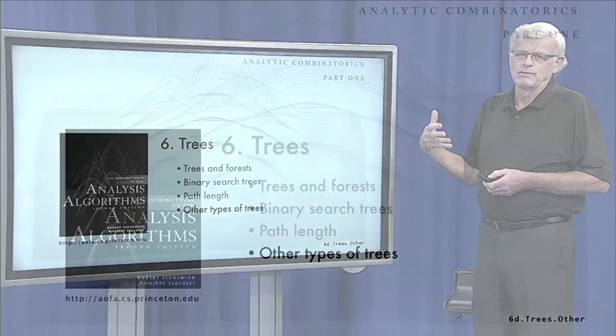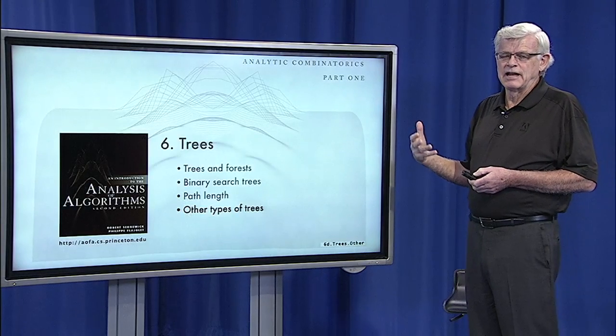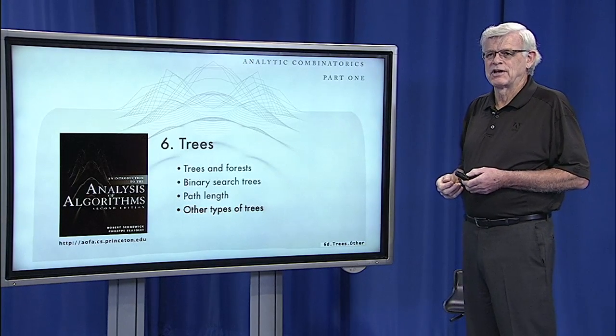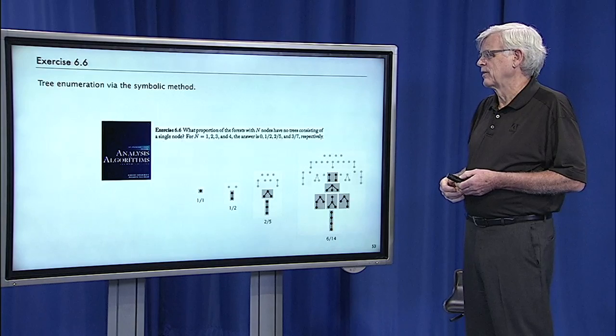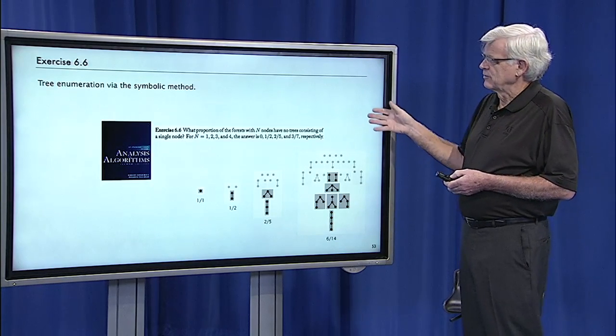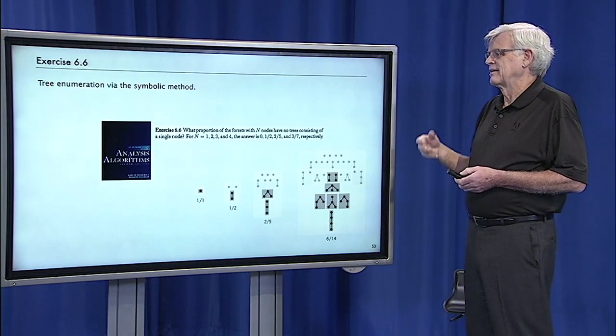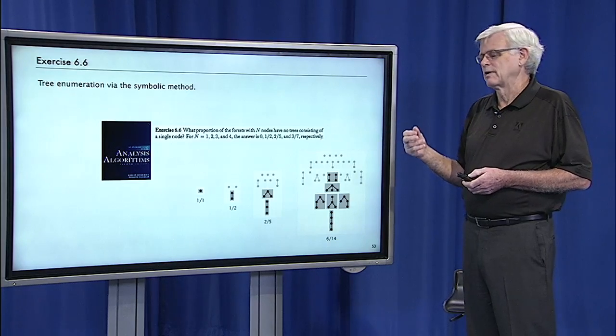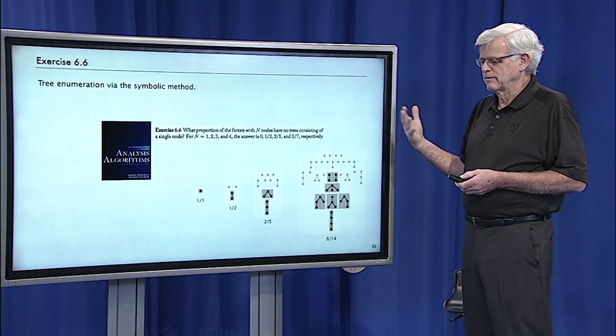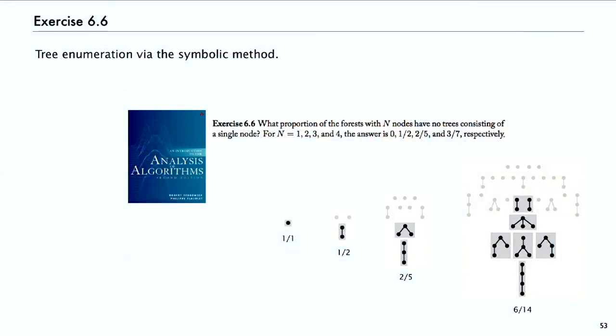Okay, so that's a brief summary of other types of trees. Now I'll talk about a few exercises that you might do before the next lecture. There are plenty of exercises on tree enumeration to check how comfortable you are with using the symbolic method for enumeration problems. So this one, we've got a lot of forests.